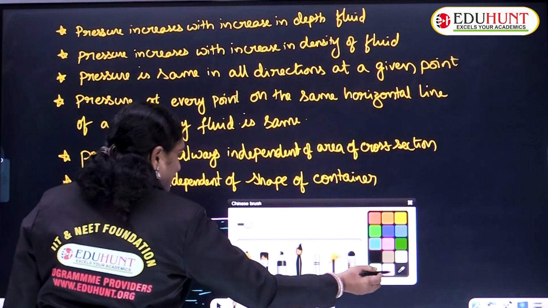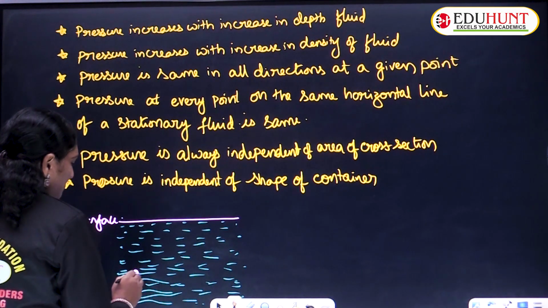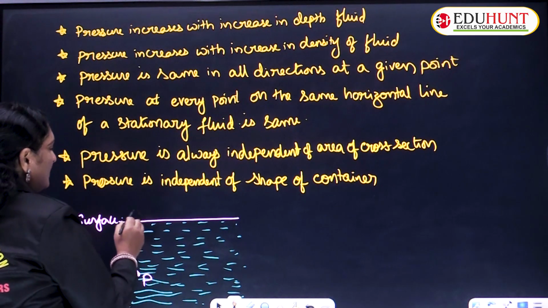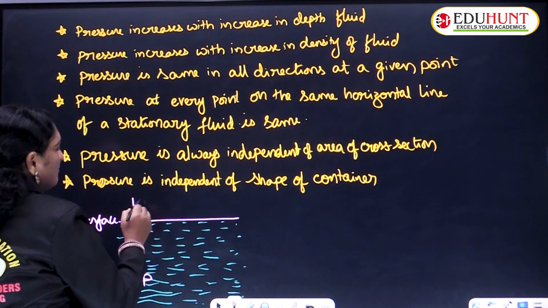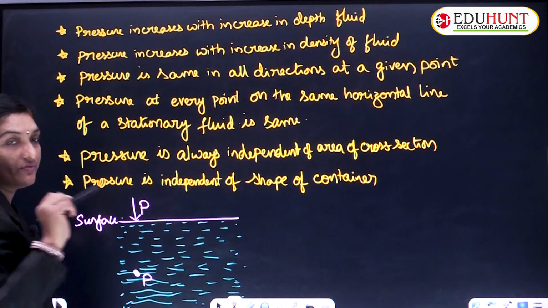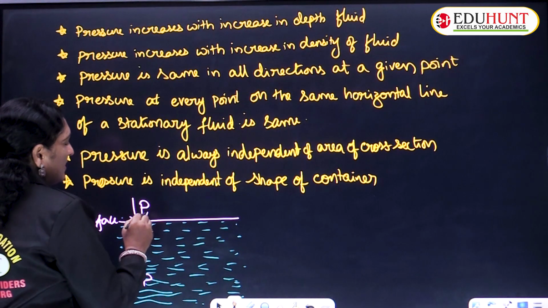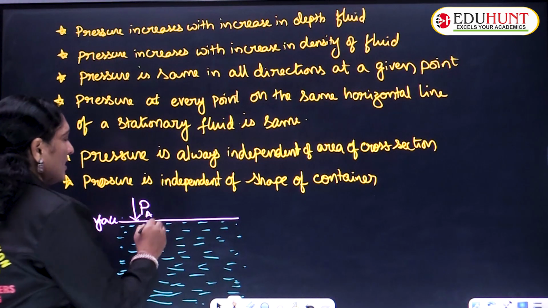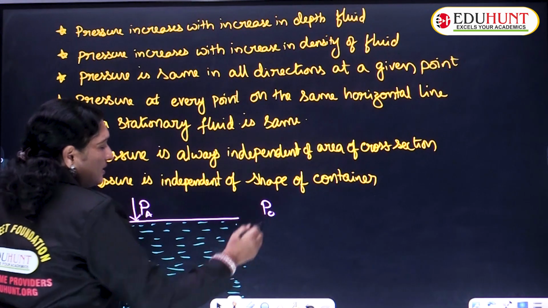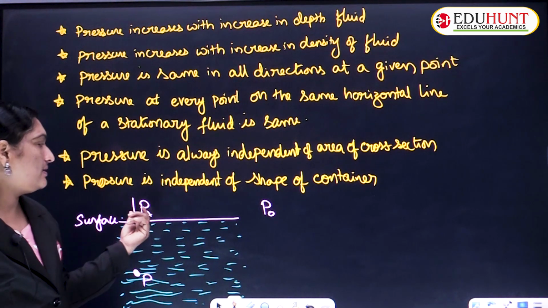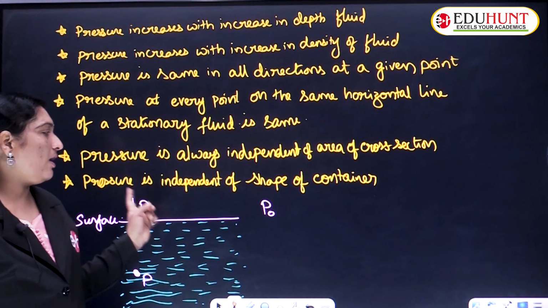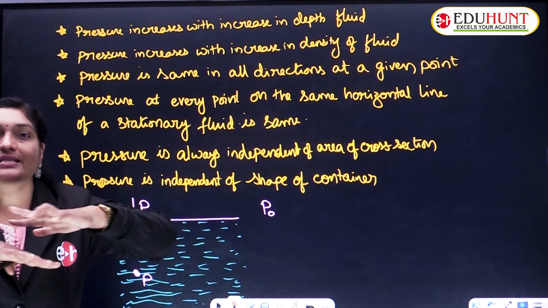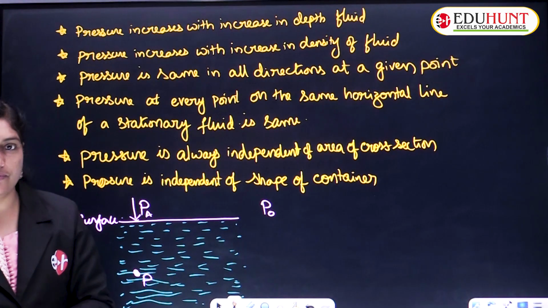On the surface, it is open to atmosphere. Any pressure acting on the surface is always called atmospheric pressure. Generally it is given as PA, where A indicates atmospheric pressure, or we can also indicate the same as P naught. Someone indicates it as P naught, others as PA. Because of the atmosphere, some pressure will be acting on the surface of the liquid.